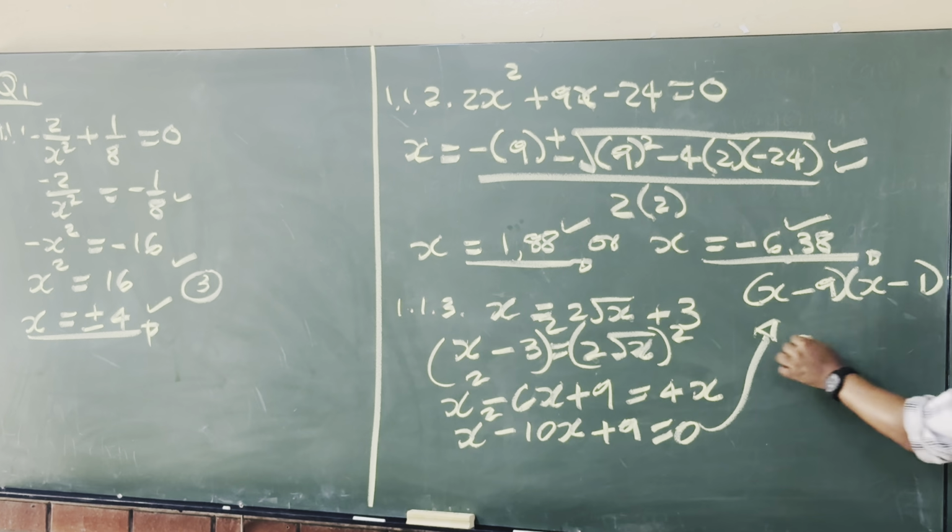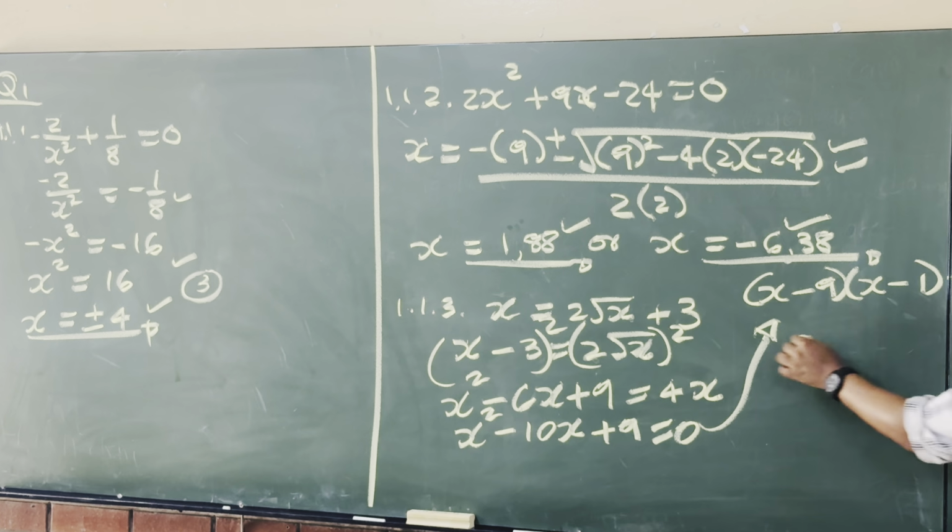1.2, you are given f(x) equals 2x squared plus x plus 6. Then they say solve for x if f(x) is greater or equal to 0, which means that's an inequality again.